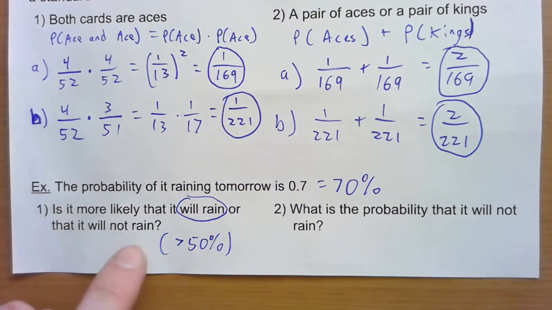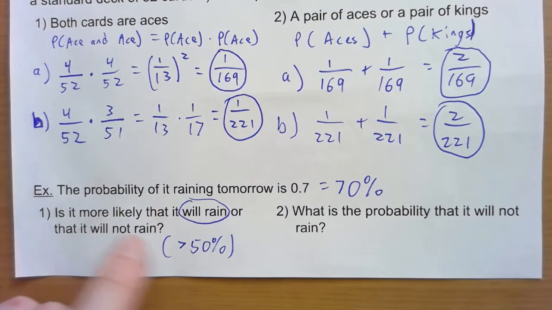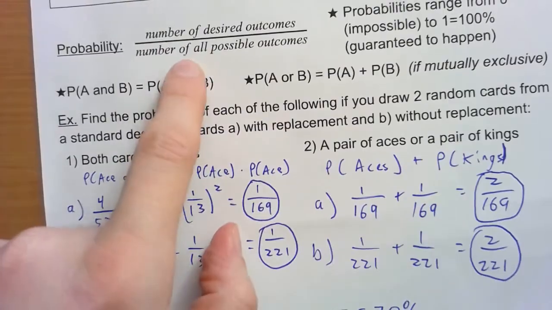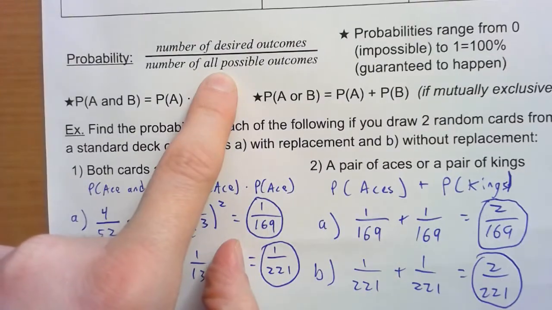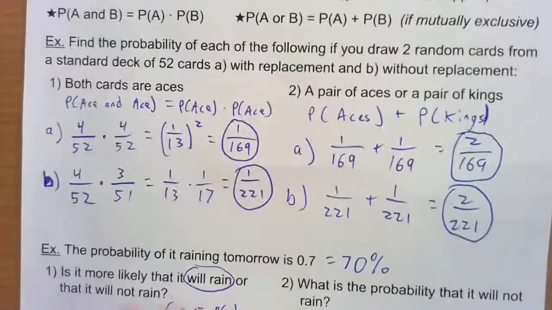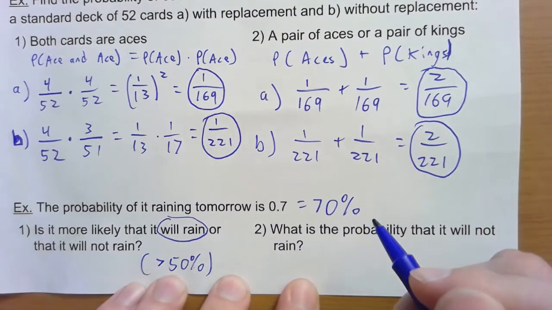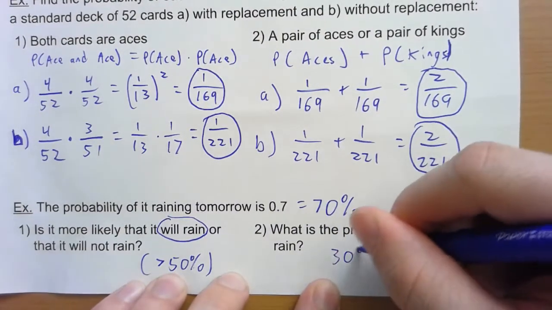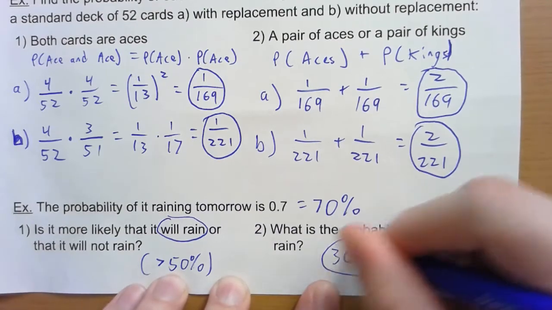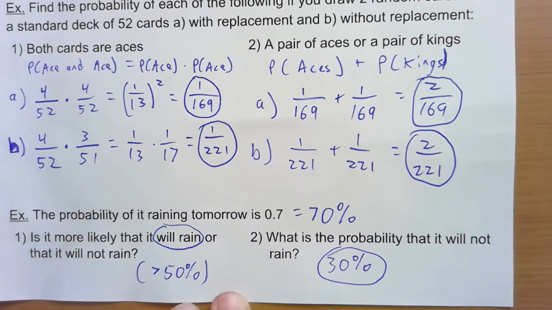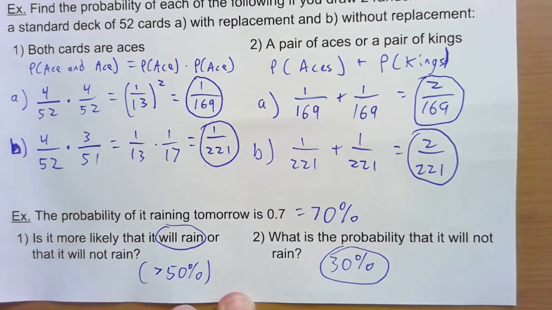Yes, there's one option out of two total possible options, but one option here was more likely. So this basic way of thinking only works if you've got an equal chance of each one of the outcomes. And of course, if it's a 70% chance of raining, that means it's only a 30% chance that it will not rain. Probabilities have to add up to 100%. Right? All the things that can happen add up to 100%.